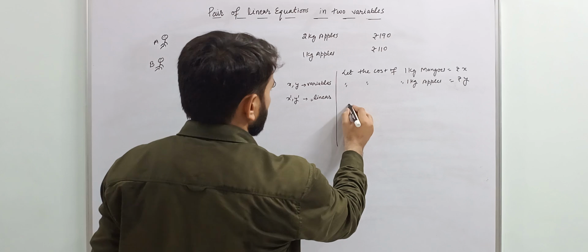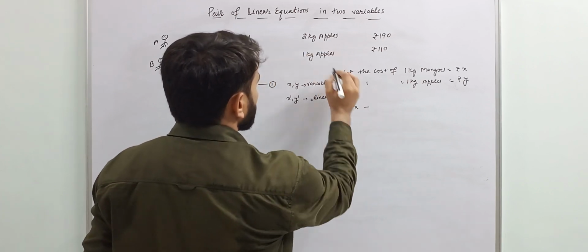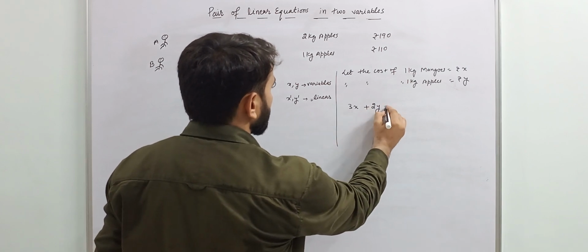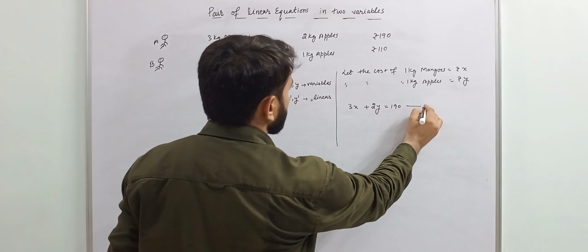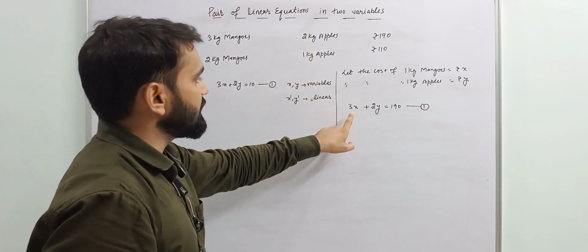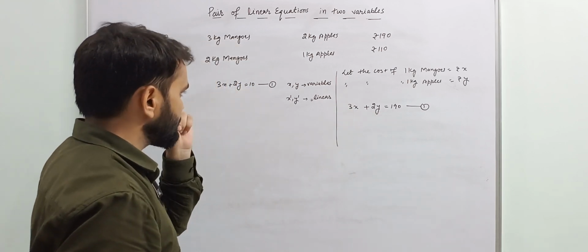So 3 kg mangoes cost 3x and 2 kg apples cost 2y, and together they cost 190 rupees. So for this situation we write a linear equation in two variables, because it is matching with this equation.